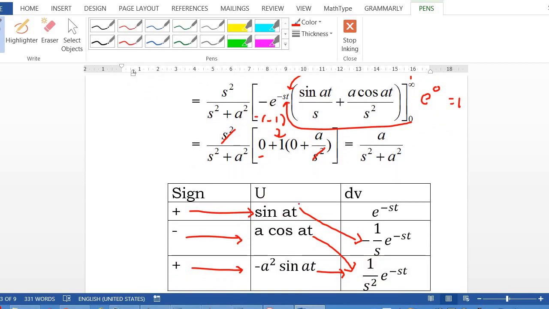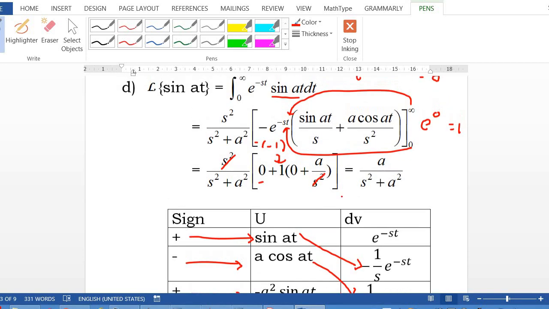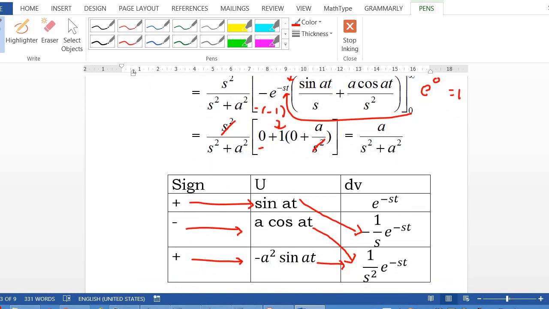As I said, if you don't have the product form with a polynomial function, you can choose either one as u and the other one as dv. In this case, I choose u as sin at. U is sin at, and the signs start from positive, negative, positive, alternating. Sin at, dv is e to the negative st. If u is not a polynomial function, it's impossible to differentiate until the coefficient becomes 0.